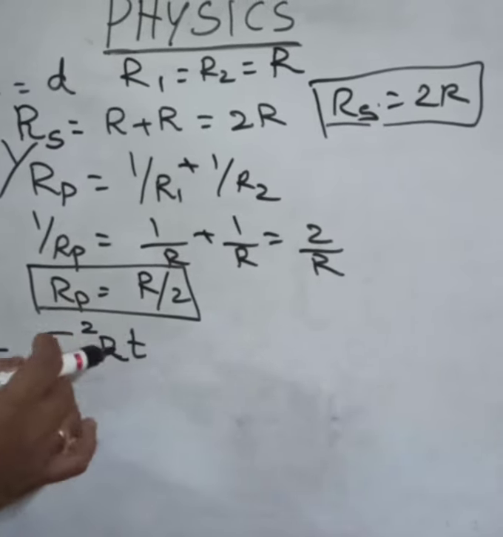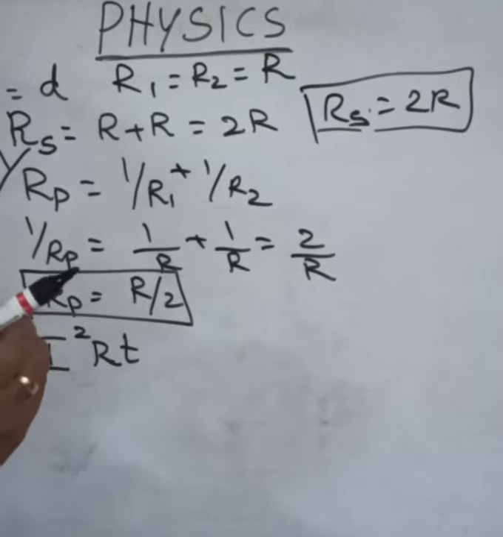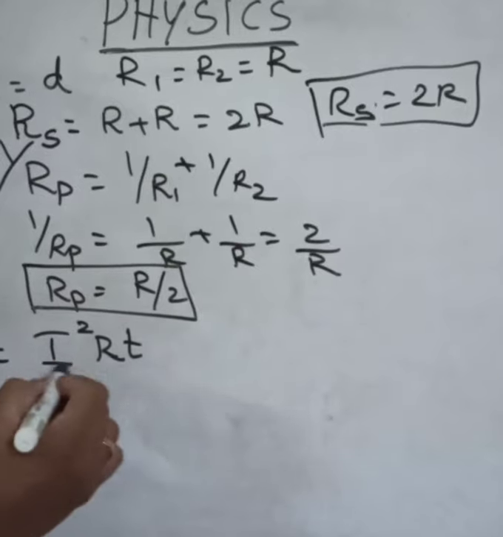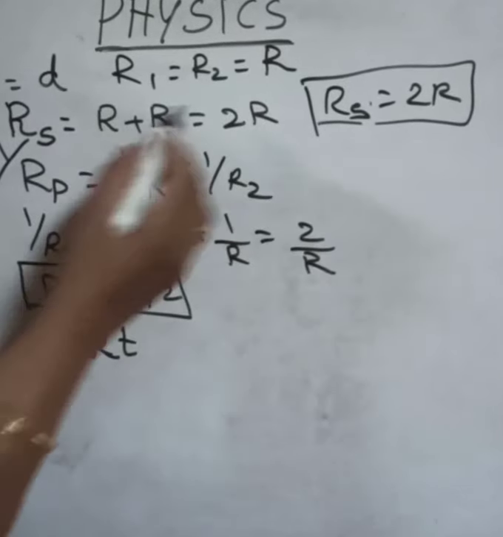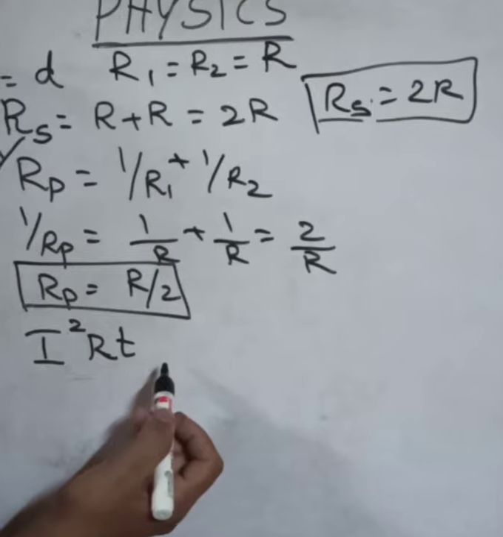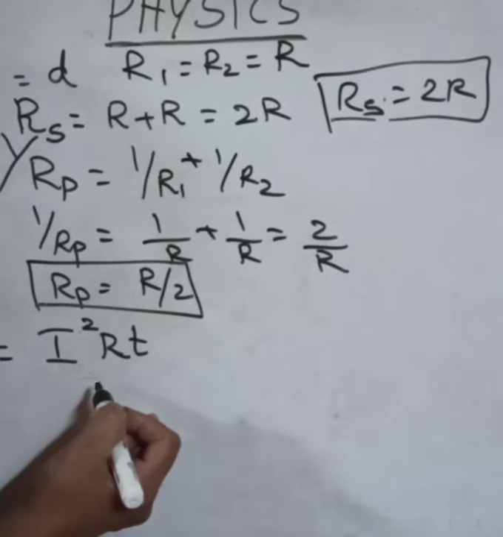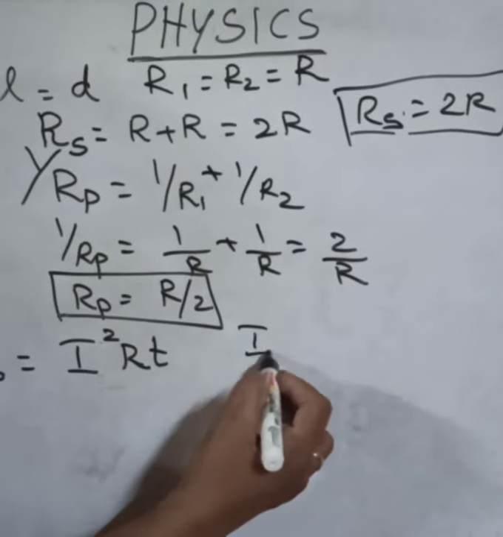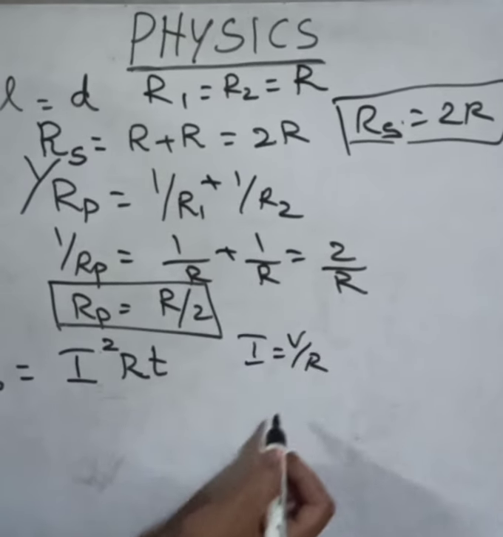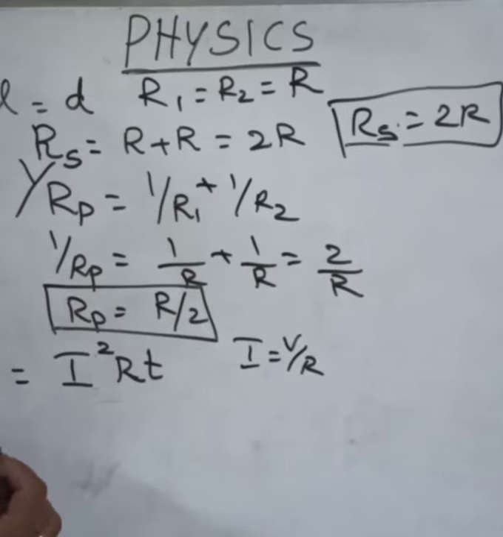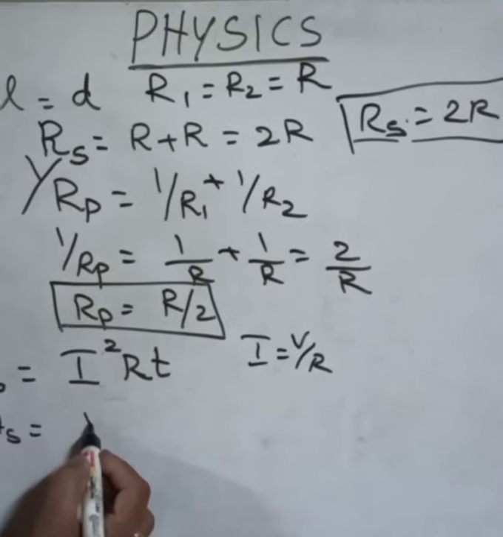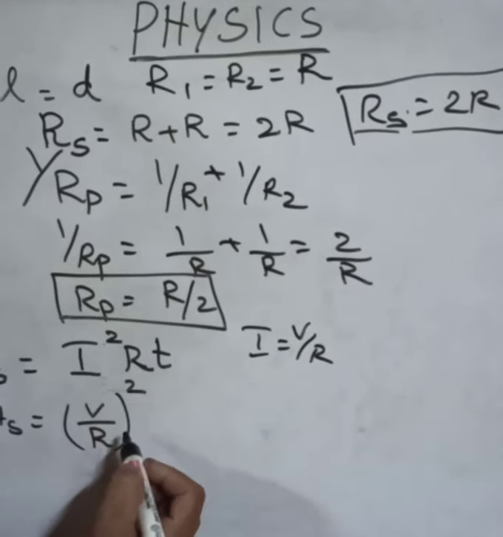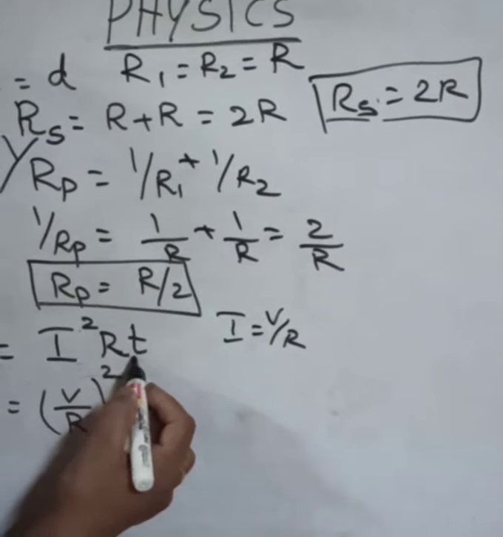Instead of writing it directly, here we have to take one conversion for I. I is not given here, isn't it? So we are using parallel combination in our houses. So by Ohm's law we know that I is equal to V by R. Substitute here. HS is equal to V by R the whole square into R.